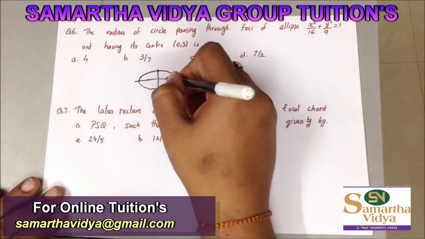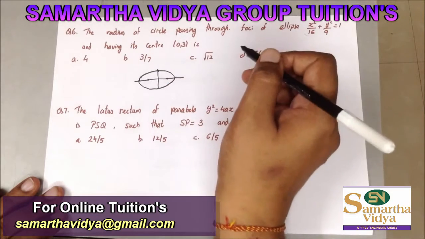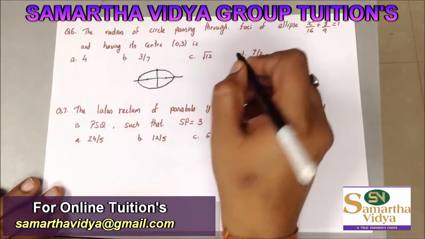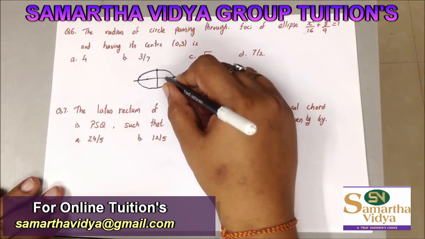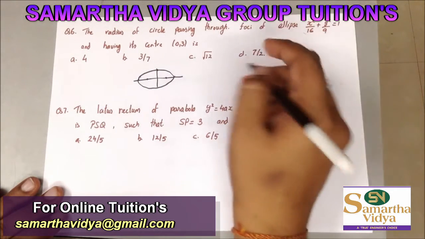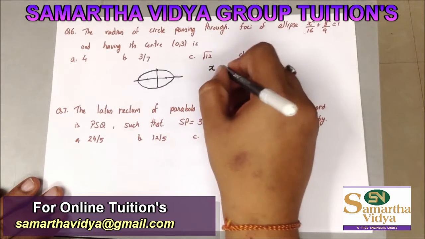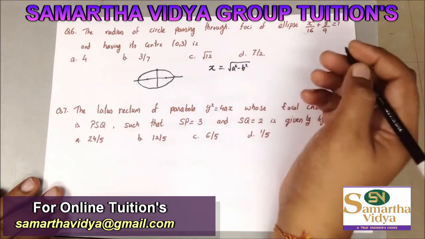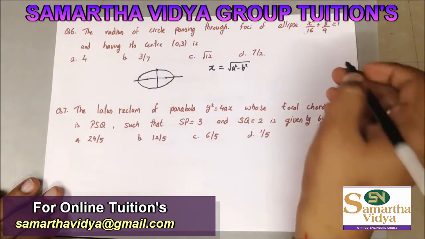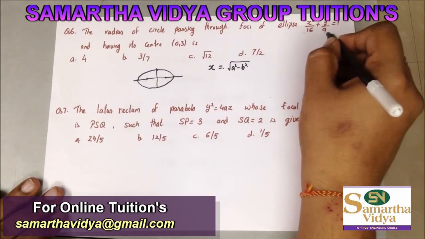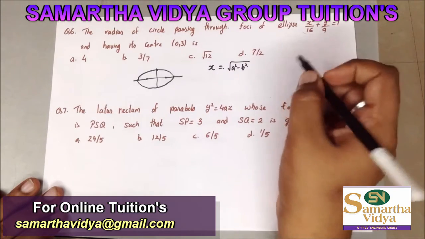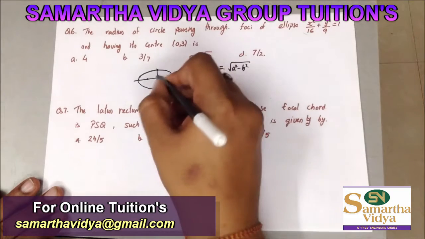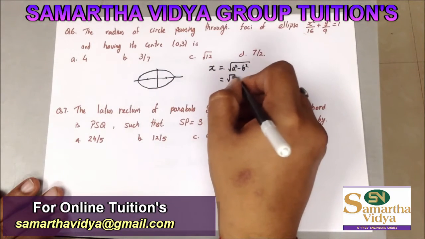Now for that I need to find the coordinates of the foci. For the coordinates of the foci, we need to find the x-intercept. The x-intercept of the foci is given by root of a square minus b square, when a is greater than b. You can see a square is 16 and b square is 9. If I substitute, that's going to be 16 minus 9, which becomes 7, so it's nothing but root 7.